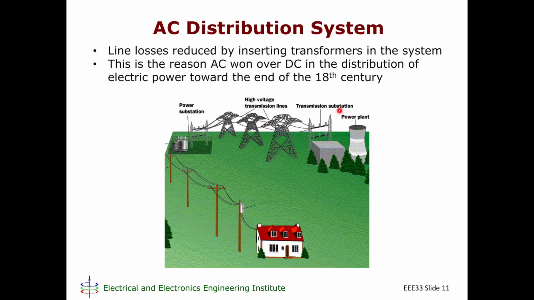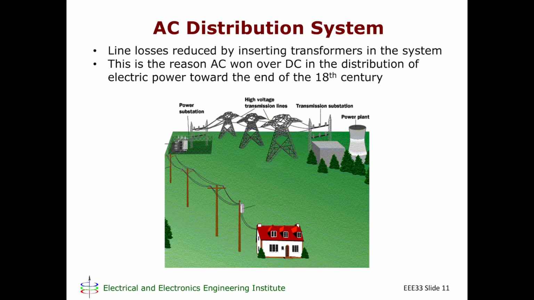So this is your typical electrical power distribution system. We have power that is generated at a power plant. The voltage is stepped up and transmitted over high tension wire to wherever it's going to be needed, presumably someplace very far away. Then you're going to have a power substation to step down that very high voltage to an intermediate voltage.